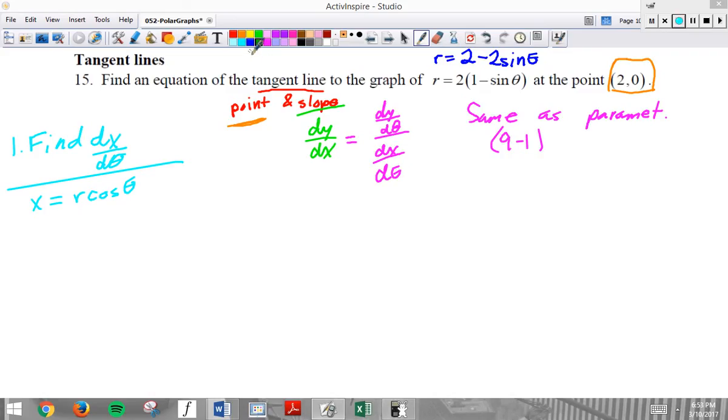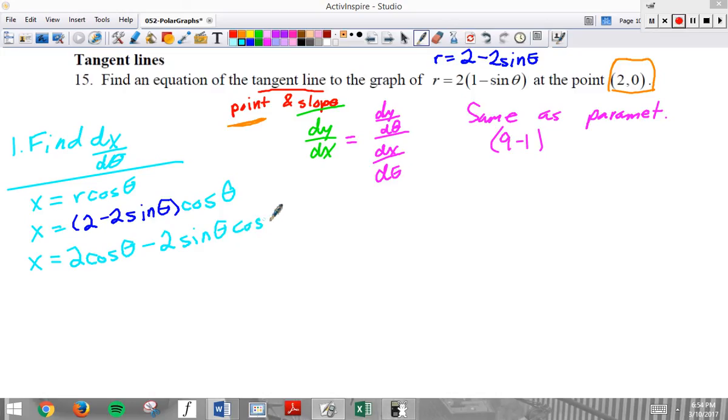So if r equals all of that, I'm just plugging this in everywhere I see r, with parentheses, please. 2 minus 2 sine theta times cosine theta. 2 cosine theta, distribution, minus 2 sine theta cosine theta. Ugly, ugly, ugly. It's okay, though. It really is okay.